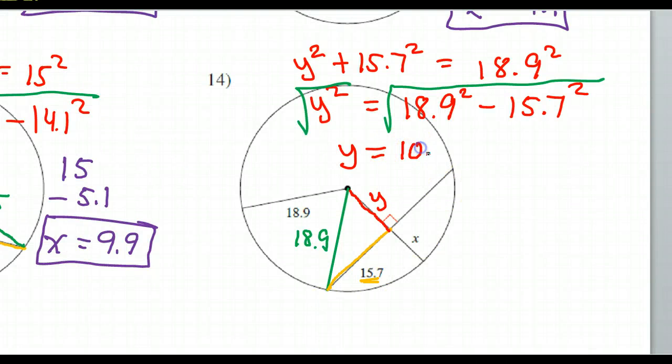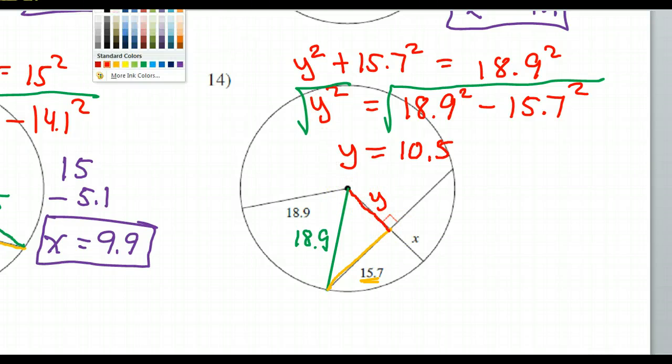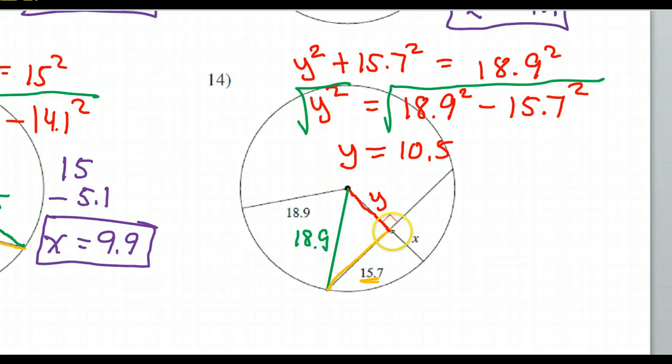Okay, that is not the final answer, of course. That is this red part, and we are supposed to find this purple part. Okay, but once again, I know what the whole thing is. The whole thing is 18.9 because it's a radius, just like the green, just like the black.